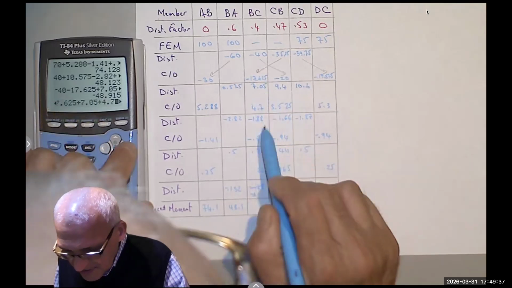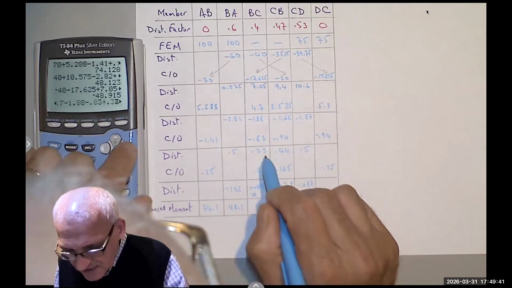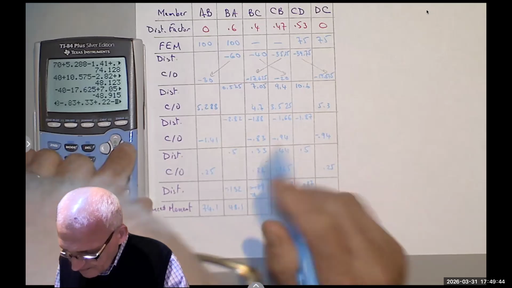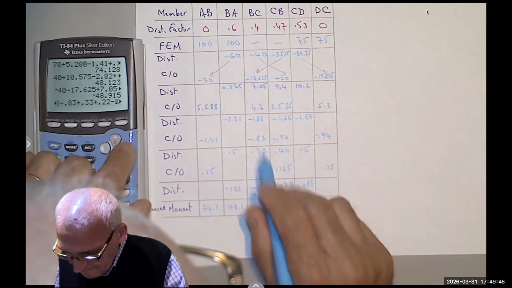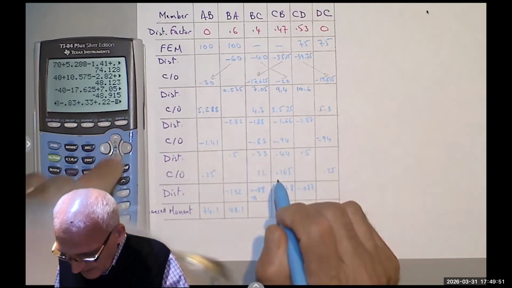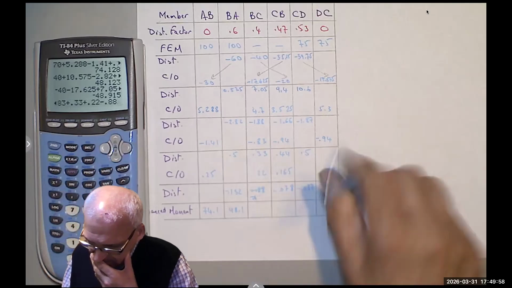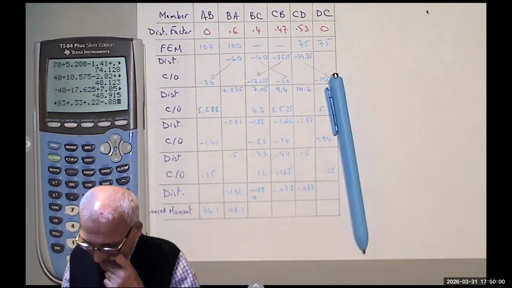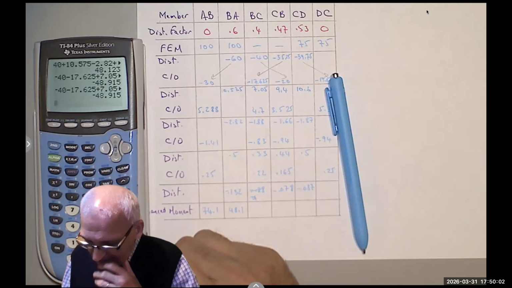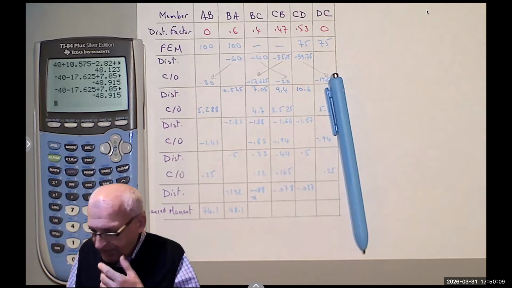Plus this, plus that, minus 188, minus 0.83, plus 33, plus 22. That's interesting. 8.9. Let me see. Yeah, I did something wrong. I'm sorry.